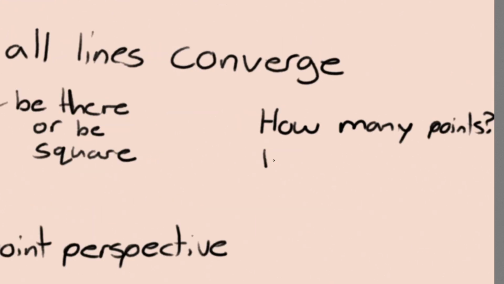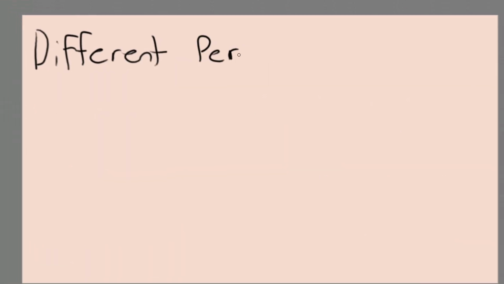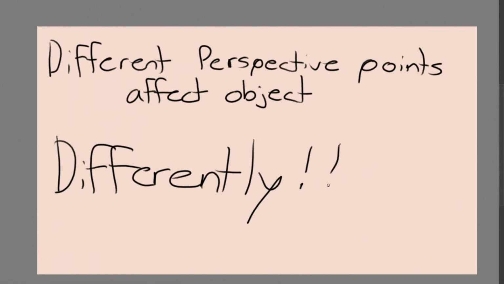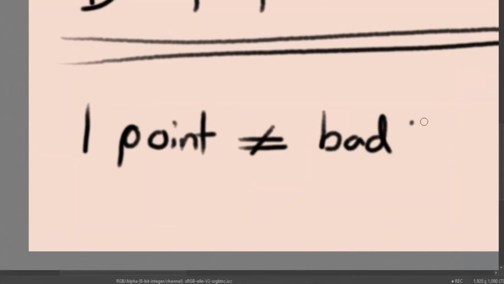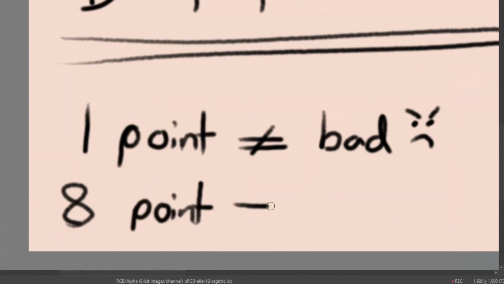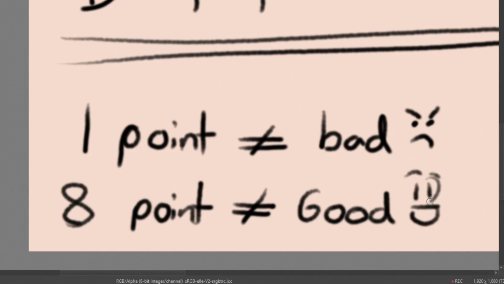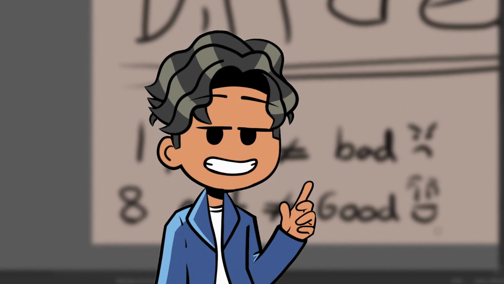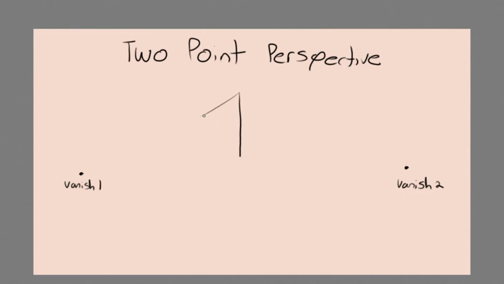And there are many other points: 2 points, 3 points, 4, 5, 6, 7, 8, and they all affect a cube or your objects differently. Now, that doesn't mean that 1 point perspective is bad and 8 point is amazing. They just have different effects, and it depends which one you're looking for, what effect you want to convey, and what story you want to tell. So here, this is 2 point perspective.